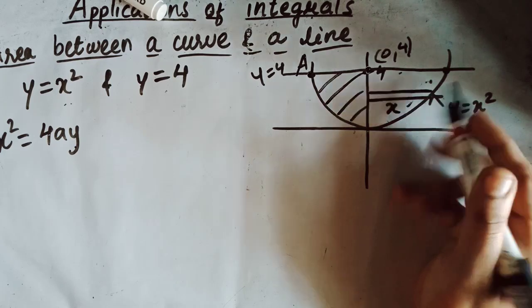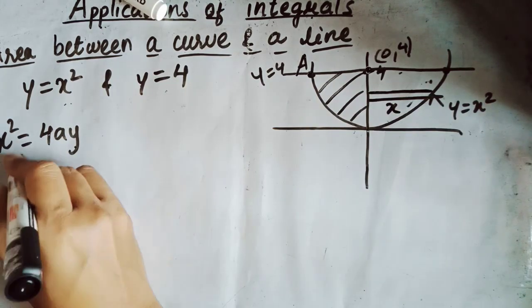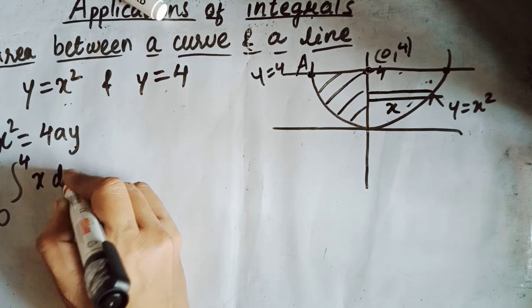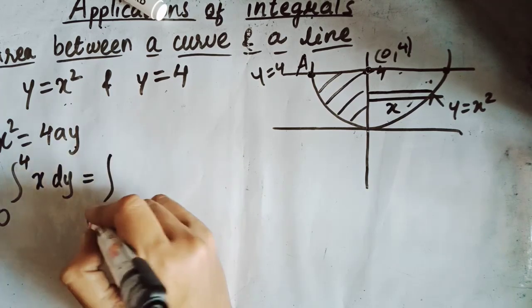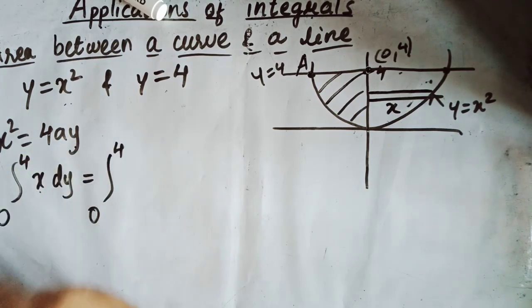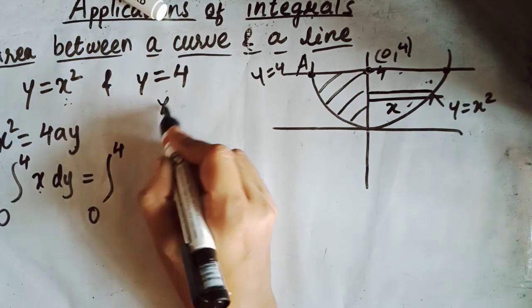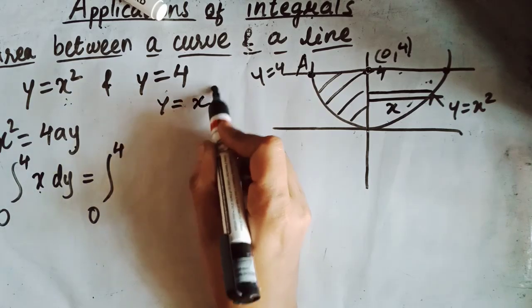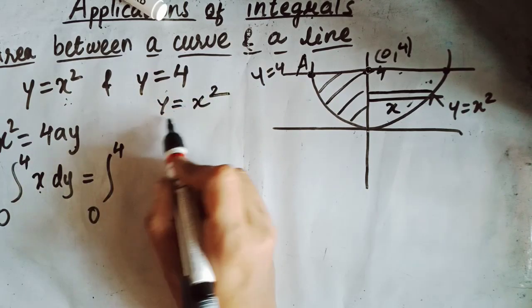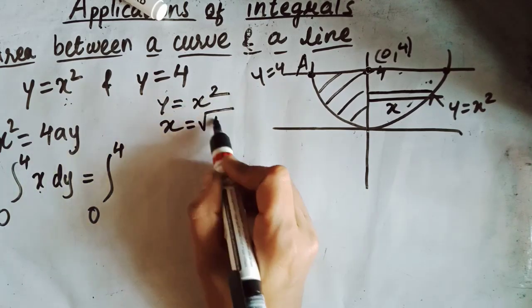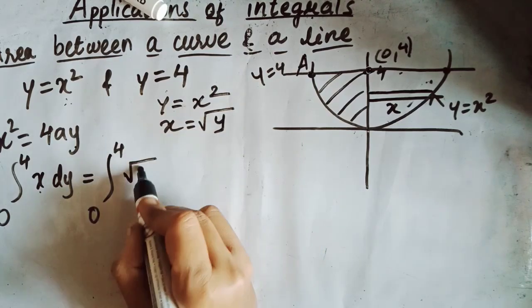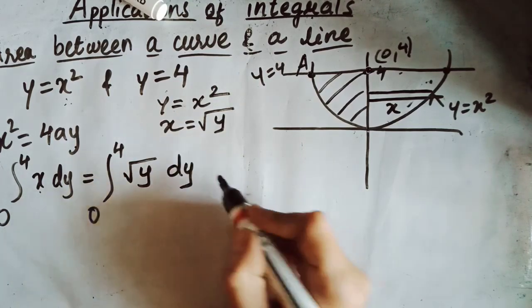So this becomes the integral from 0 to 4 of x dy. So x you have to write in terms of y. You can take y equal to x square, so your x becomes root of y. So root y dy.